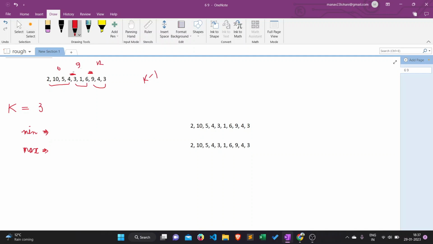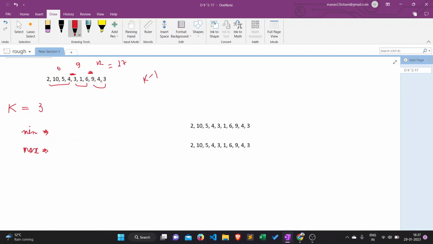So the score will be 27 overall. You took the sum of these two elements, 4 and 3, although you took it as 2 plus 4, then 3 plus 6, and then 9 plus 3. Basically these two are included in the sum, then 6 and 9 are included in the sum, and the first and last will obviously be included in the sum.